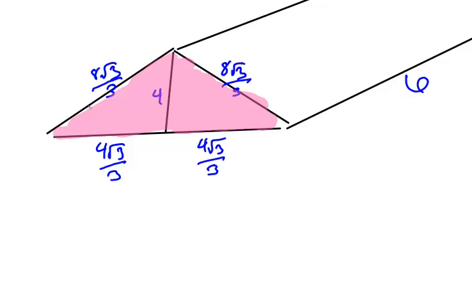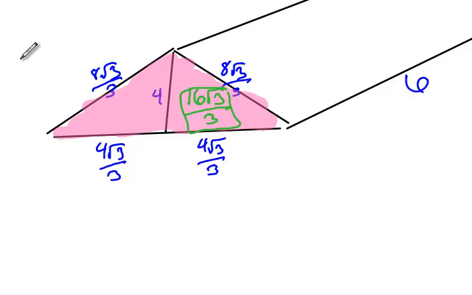We have found that area, and that area, again, is going to be the 16 square root of 3 divided by 3. That is that area. What we need to find now is the area of this rectangle.